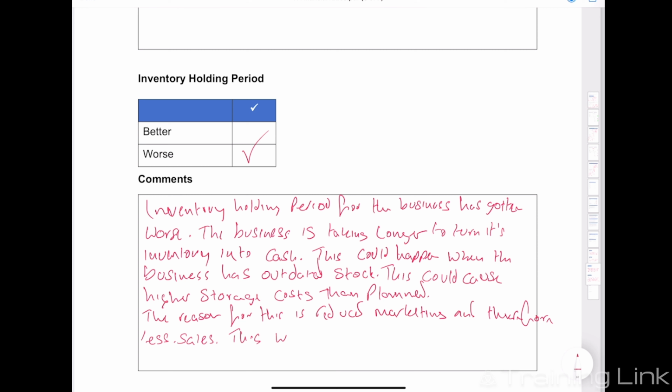This would match up with the improved operating profit margin. Fantastic. Okay, and that covers our last task.